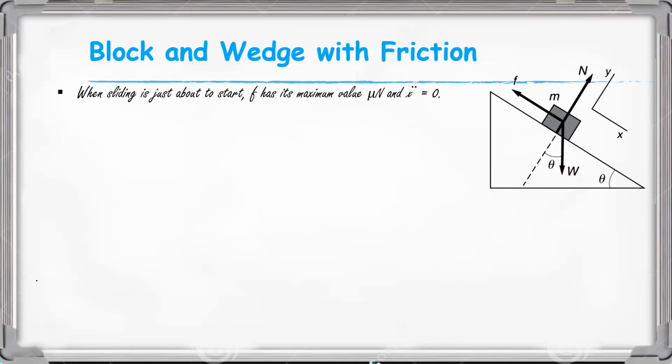At that point, when it's about to start, the acceleration must be equal to 0. Then F is equal to mu N.